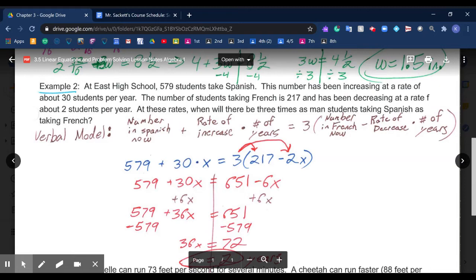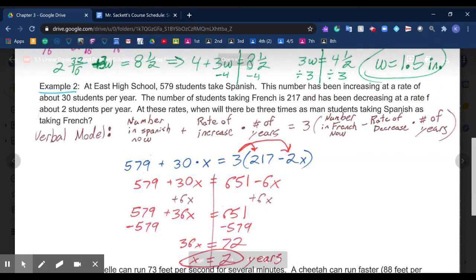The number of students taking French is 217 and has been decreasing at a rate of about 2 students per year. At these rates, when will there be 3 times as many students taking Spanish as taking French? And apologies for a couple typos in there. That should say rate of and as many students.